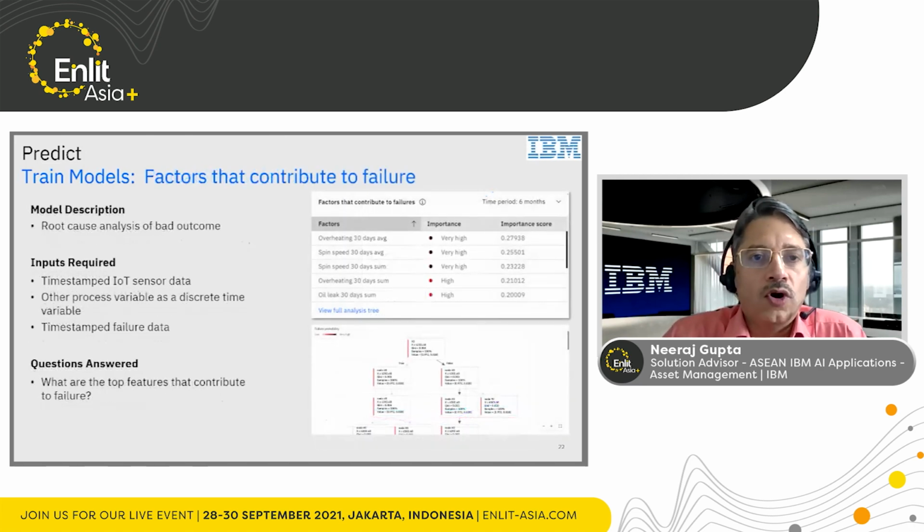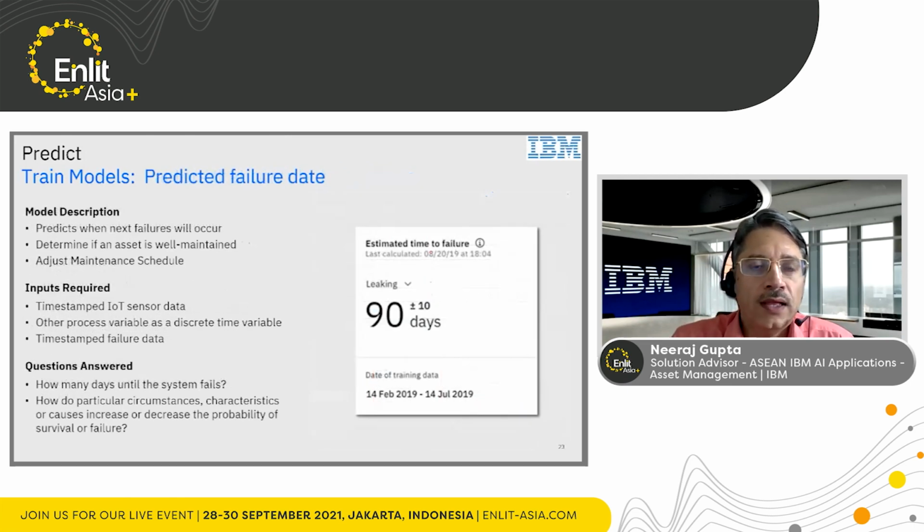Then the other model is factors that contribute to the failure. This is more to do with root cause analysis, that is, what are the factors contributing to my failure. Then there is also a predicted failure date, meaning you can predict the date, of course with some accuracy, like plus or minus 10 days or plus or minus 2 days. And then again, we know that this asset is going to fail, so immediate action is required in order to avoid a failure.